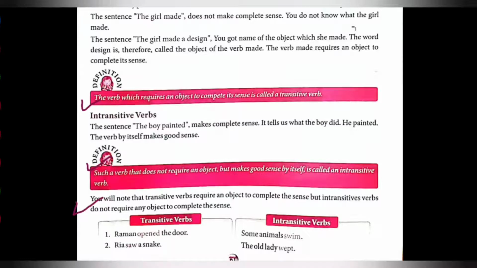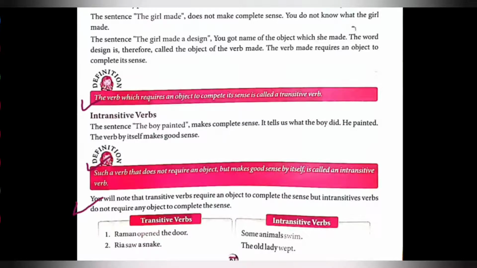Transitive verbs. Raman opened the door. Here Raman is a noun. Opened is an action. Opened is the verb. So if we say Raman opened, does it make complete sense? No, it does not make complete sense. Raman opened the door. Raman opened the book.